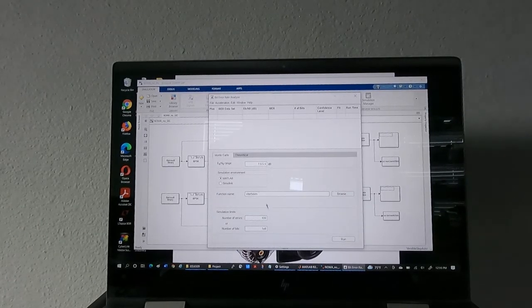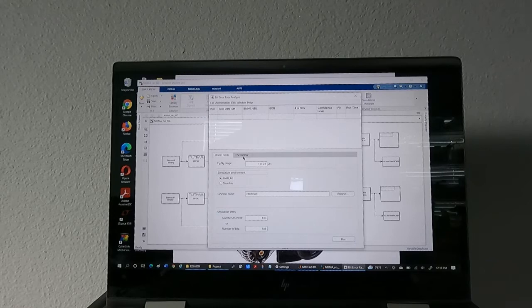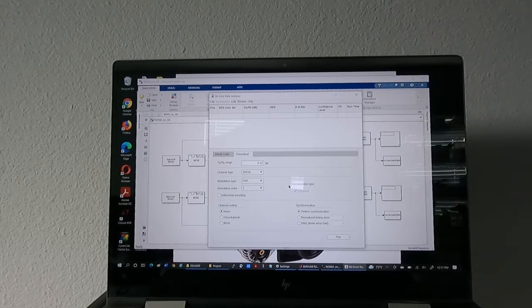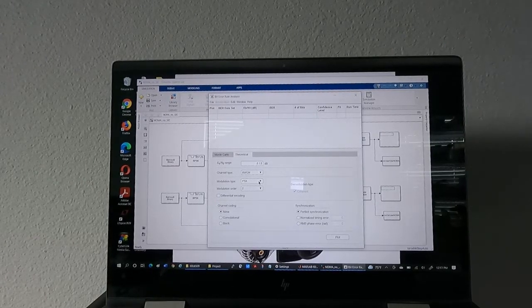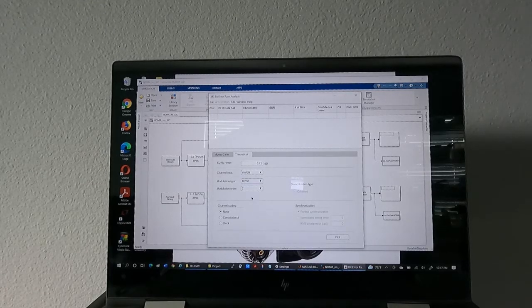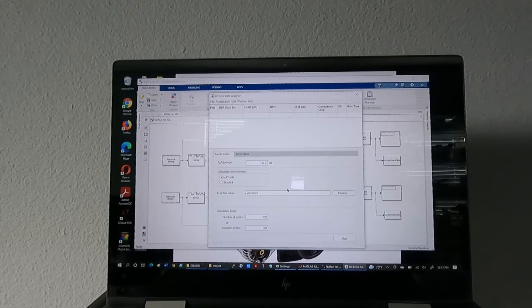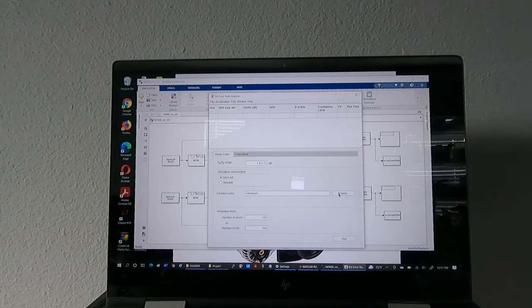So let's see here our theoretical. Let's start with the theoretical values. We'll set this to 0 to 12, AWGN, DPSK modulation order 2, and this is going to be 0 to 12, and we're going to browse the model.